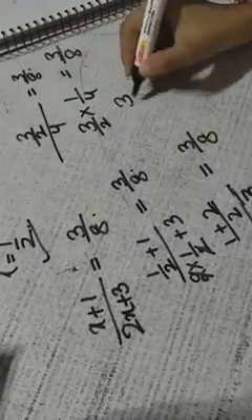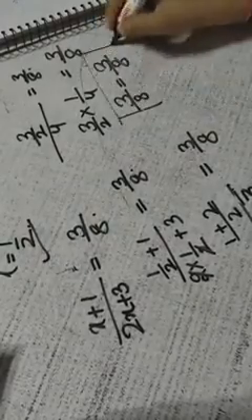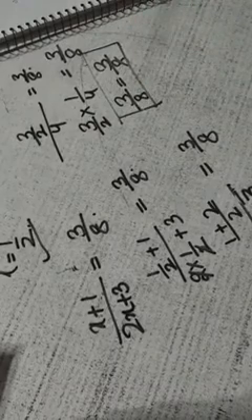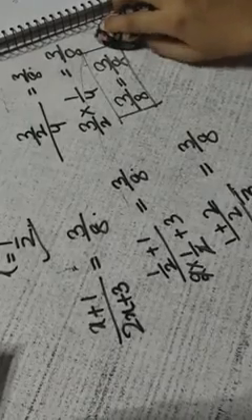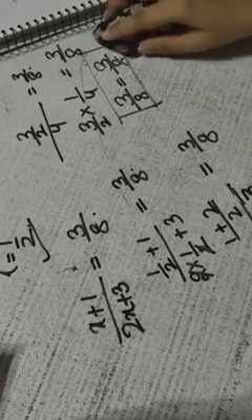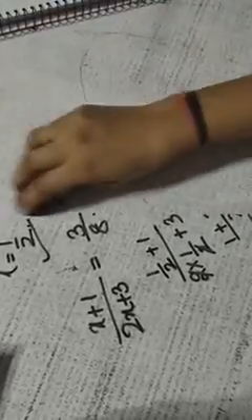Since this will be 3 upon 8 equals 3 upon 8, our solution is correct. x equals 1 by 2 is correct. If we put the x value and when we solve it, the answer comes similar to the RHS, then our solution is correct. Okay, so this was about the checking part.